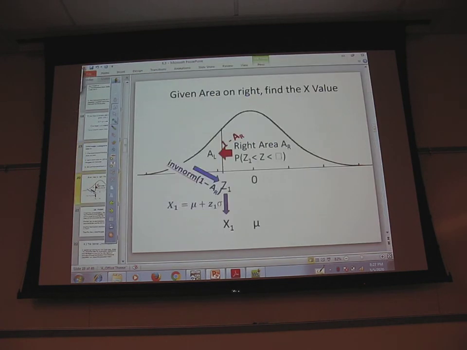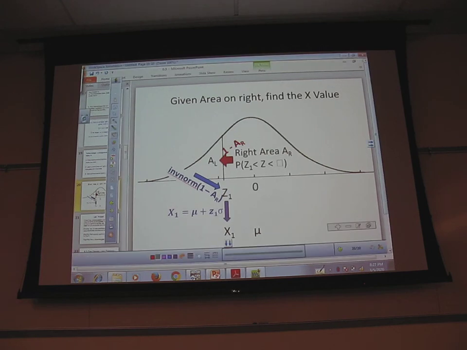So that is kind of the middle of page 6. And then this is kind of a picture of how it should theoretically go, which is a little bit messed up because I got some weird things in there. So the first step is find the area on the left. Second step is inverse norm of the area on the left to find your z-score.